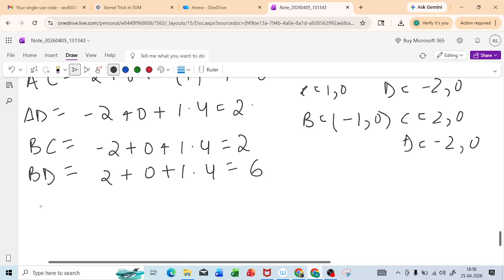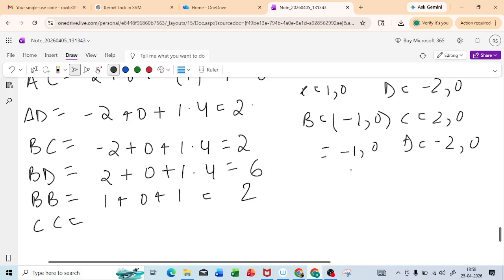Similarly, we also need to find BB. BB is minus 1 comma 0. So 1 into minus 1 into 1 plus 0 plus 1, because x square plus y square is 1 and u square plus v square is also 1, so this becomes 2.